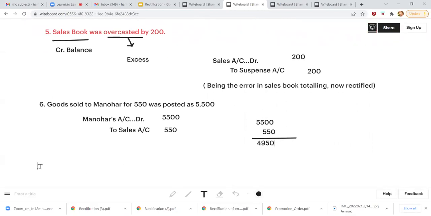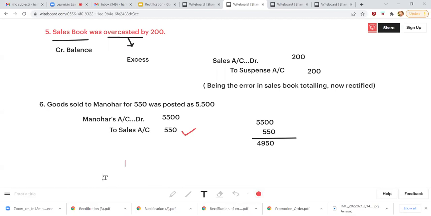So here we will rectify this error. As you can see, in the sales account it was correctly posted, but there is an error in the Manohar's account. So we will correct it by passing the rectifying general journal entry.